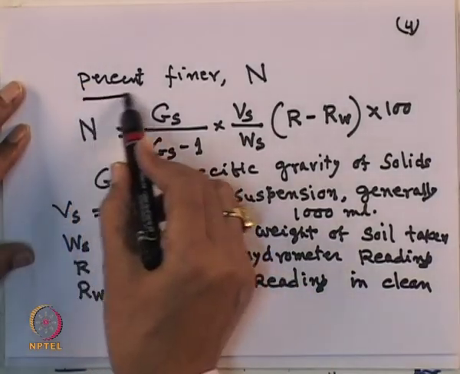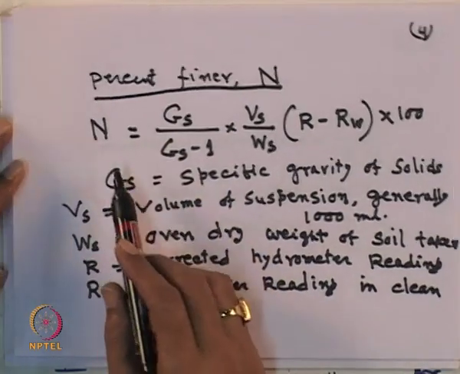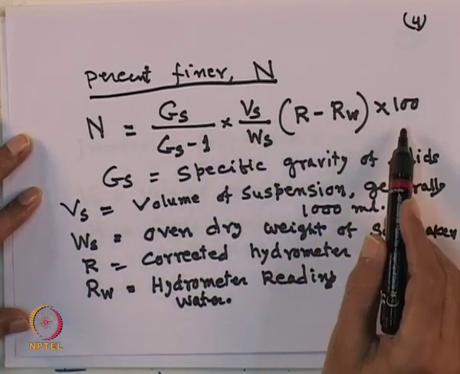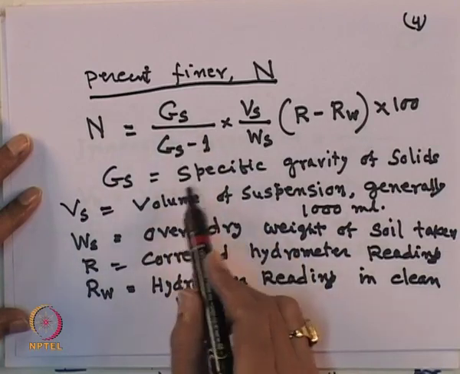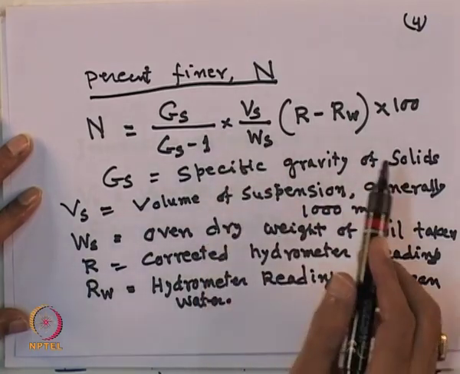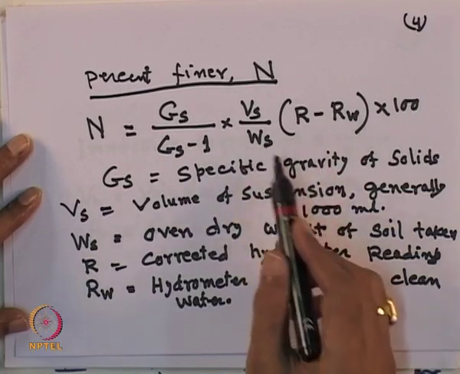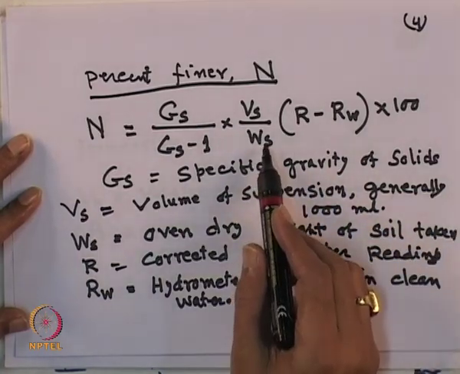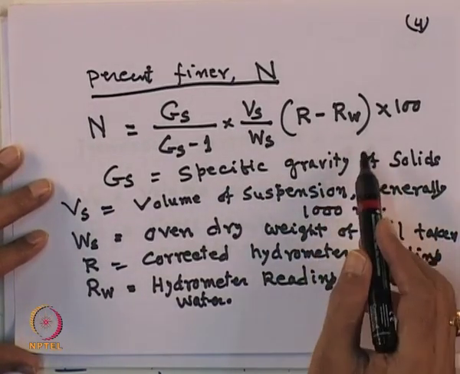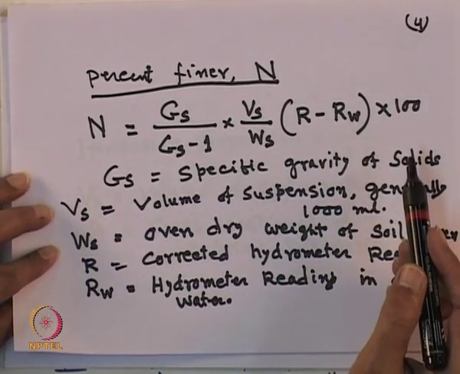So, this is important, how to calculate the percentage finer. You can use this equation: N is equal to Gs divided by Gs minus 1, into Vs by Ws, into R minus Rw, into 100, where Gs is the specific gravity of the solid and Vs is the volume of the suspension, generally about 1000 milliliter, and Ws is the oven dry weight of the soil taken, R is the corrected hydrometer reading, and Rw is the hydrometer reading in clean water.